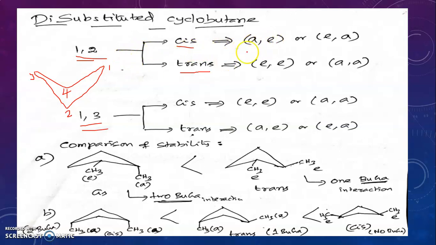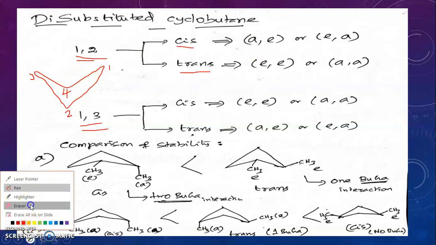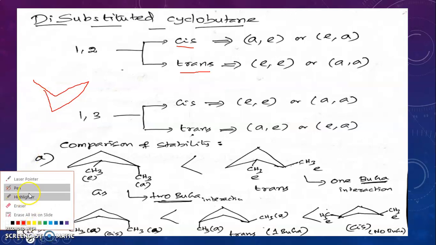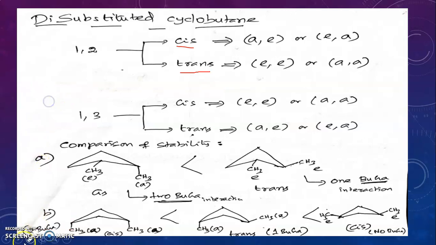What is cis isomer? See, this is cyclobutane.